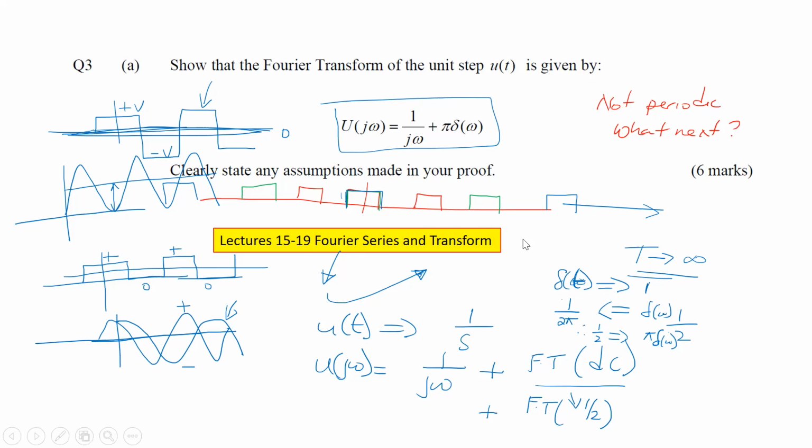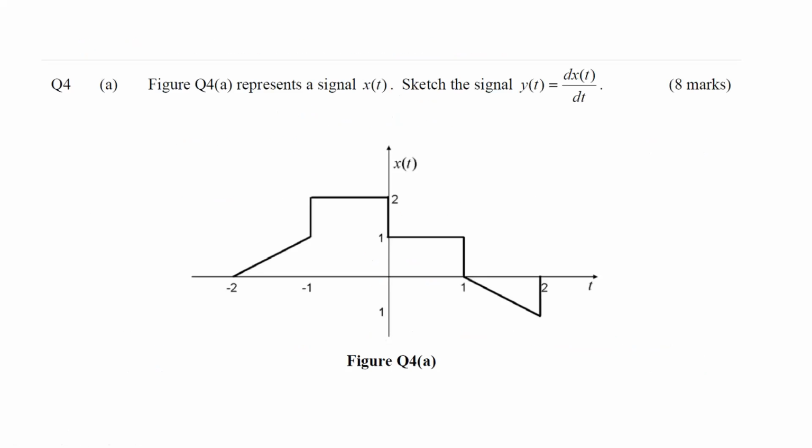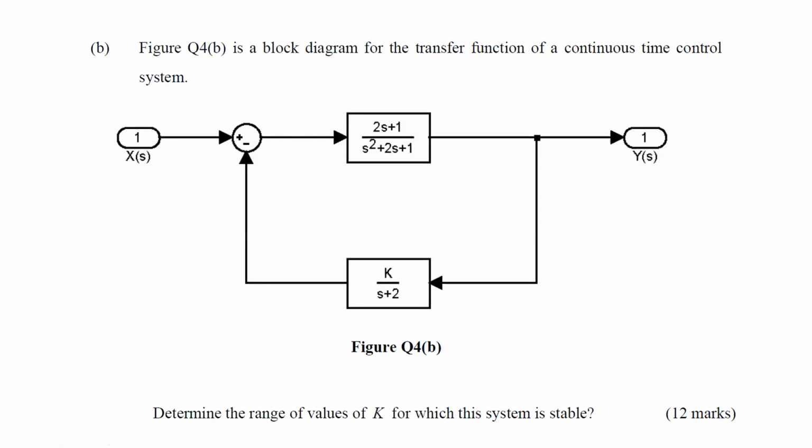Next time when we meet on Monday morning, we're going to look at this bit, which is the Z transform. So we'll do a little bit of a review of the Z transform and its behavior. The other question deals with discontinuous signals, so this is signal manipulation and the like. The last question is a review of stability and the Routh criterion.